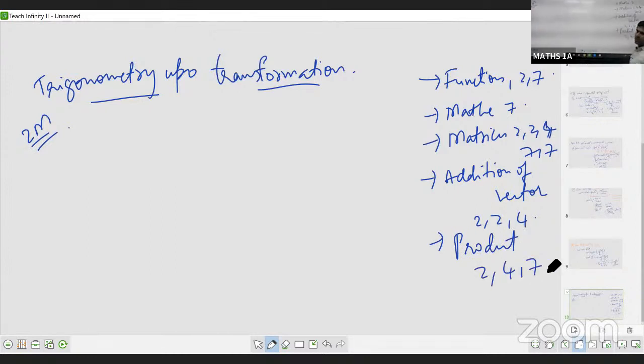Then in transformation 7 I said to go for choice, right? In transformation, 2 and 4 has been done. Today we look at 2 marks and 2 4 marks. 4 marks has been given. And 2 days before we did 4 marks questions of trigonometry up to transformations. Is it clear? A few important 4 marks.